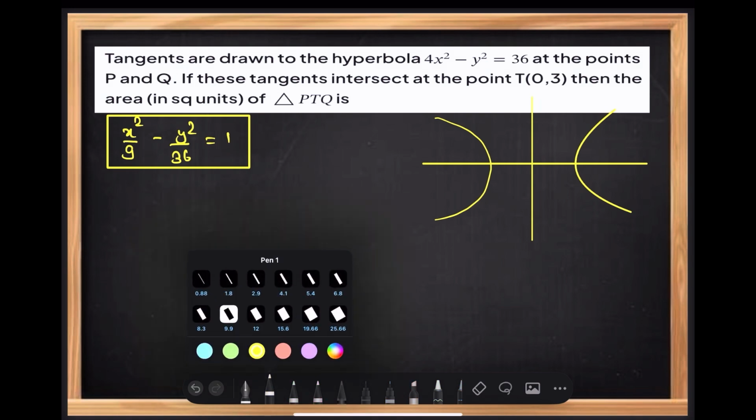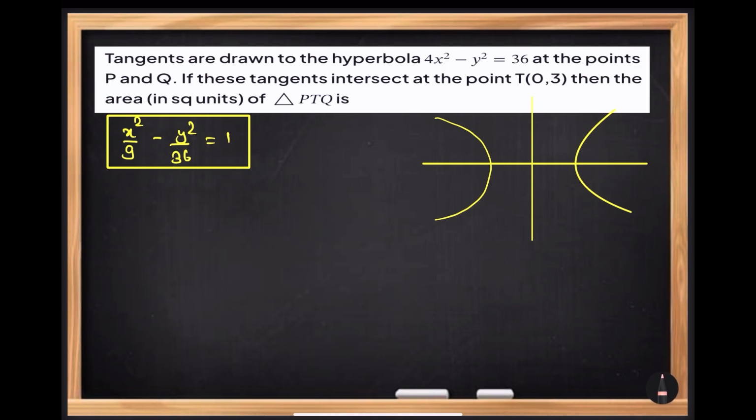They are saying that tangents are drawn to the hyperbola at the points P and Q. So there are 2 points on the hyperbola from where you have to drop tangents, and you know that this is symmetric, correct? So if it is symmetric, it will be symmetric about this point as well.